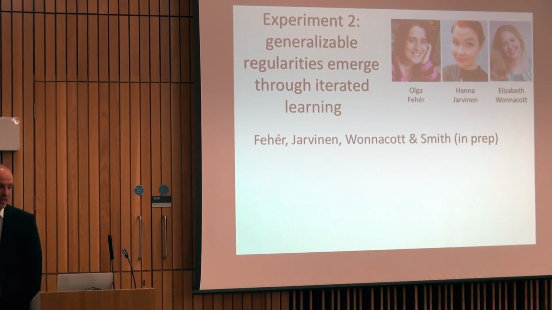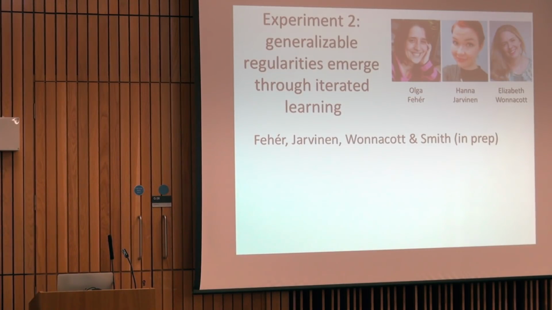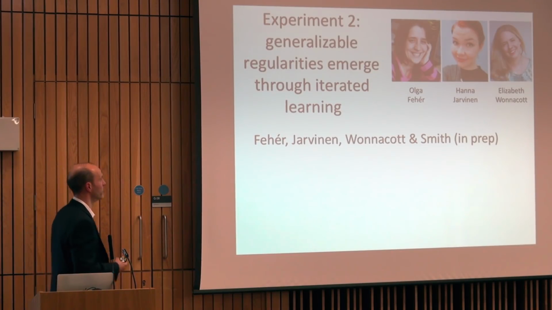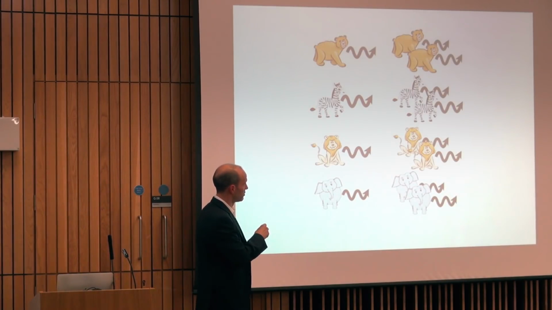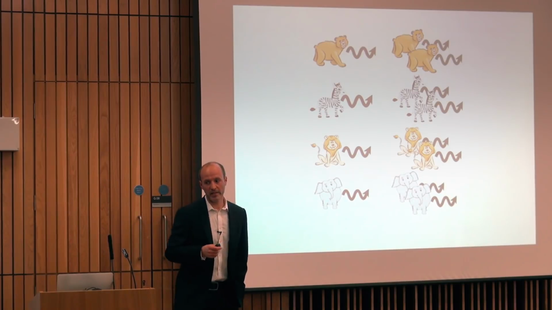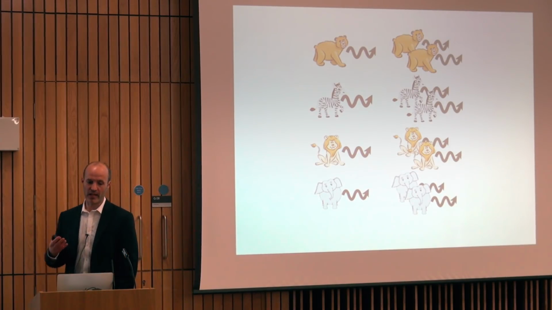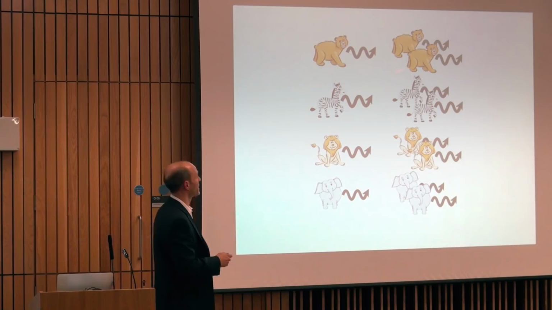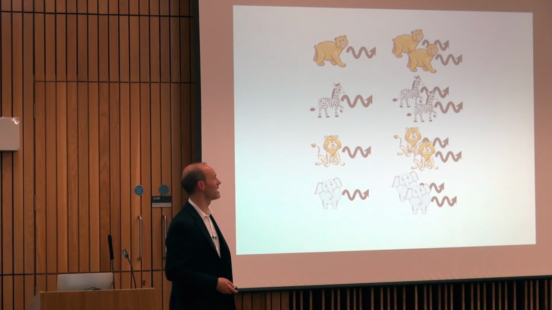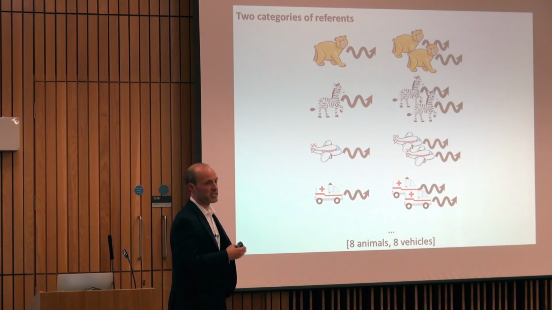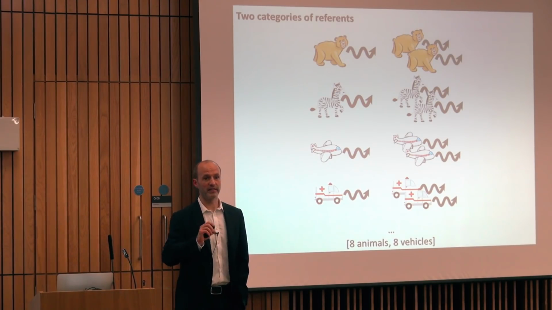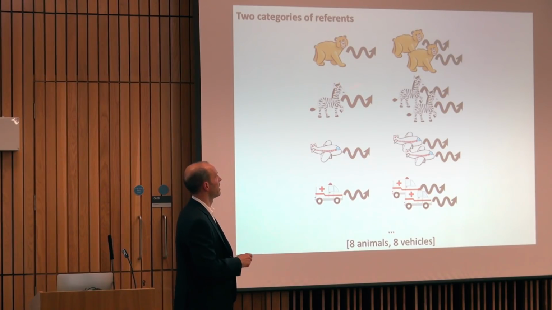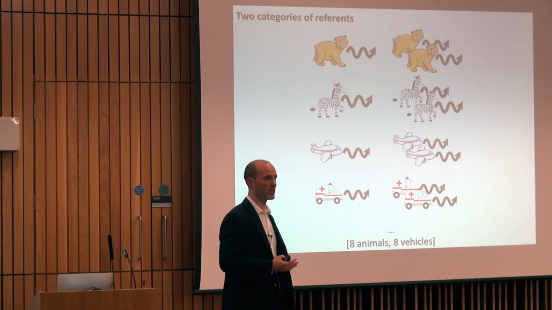Okay, so the second experiment I'm going to tell you about shows that you also get these kinds of simple, generalizable, semantically based regularities emerging through transmission of miniature languages. Okay, so basically the same experiment again, but rather than training participants on a language which allows them to label reference drawn from a single semantic category, in the first experiment this was all animals, we're now going to change the set of objects they're learning descriptions for, so that now it includes 2 salient semantic categories: animals and vehicles, or animates and inanimates, depending on how you want to think about it.